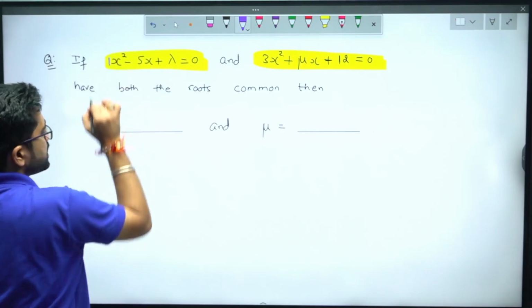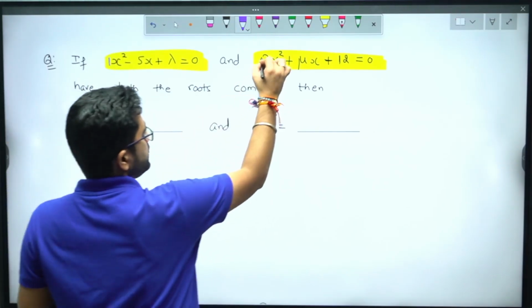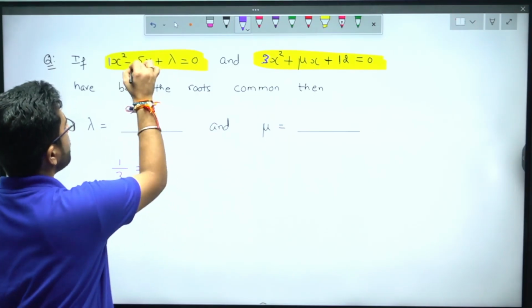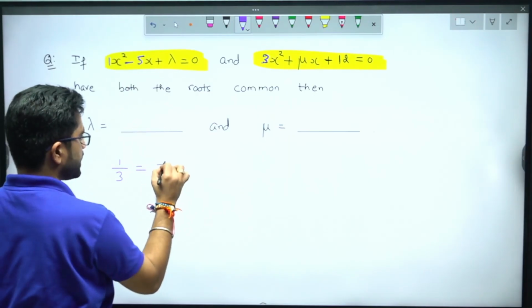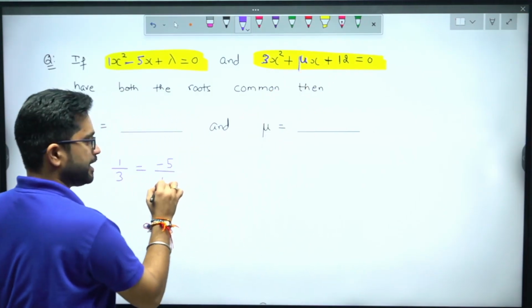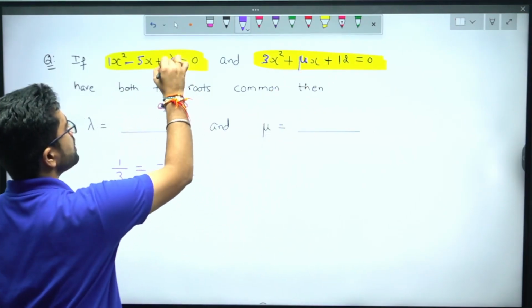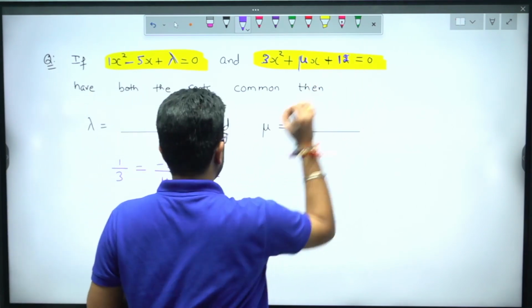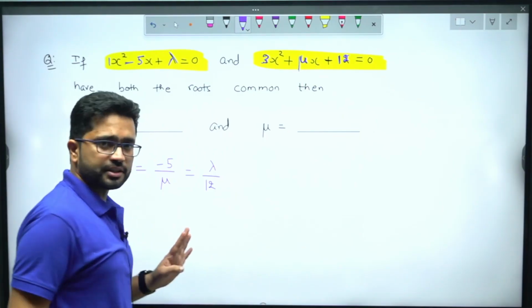Here the coefficient is 1 upon 3, that should be equal to minus 5 upon mu, and that has to be equal to lambda upon 12. All sorted?